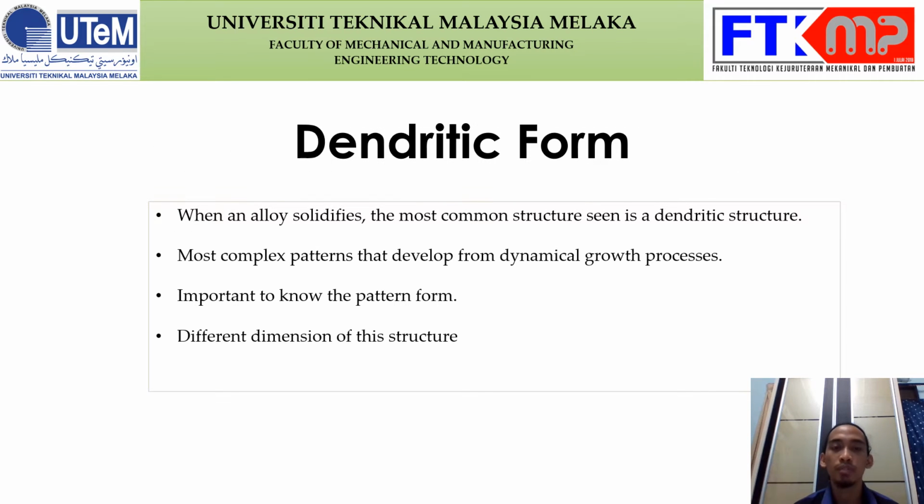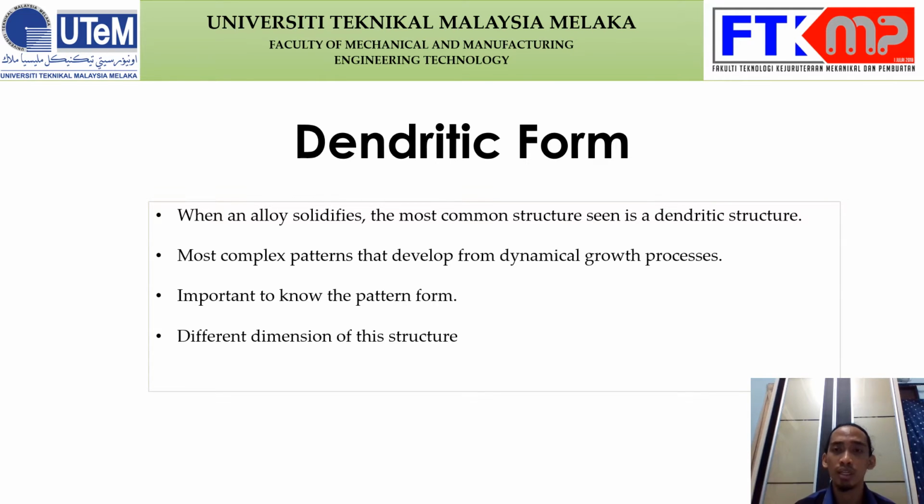Now, I will explain about dendritic form. This dendritic form looks like a tree shape, or we call a crystal shape. So how can this dendritic form or grow? When alloy solidifies, the most common structure seen is dendritic structure, and this dendritic structure has a most complex pattern that develops from dynamical growth process.